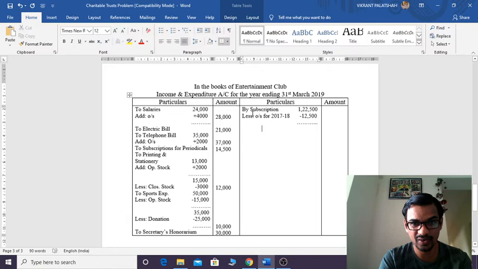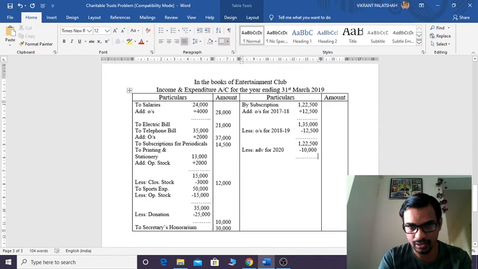It is given, it is 10,000. So that is deducted from here. Therefore, the total amount of the subscription that comes to the outer column is 1,22,500 minus 10,000, and it is 1,12,500.